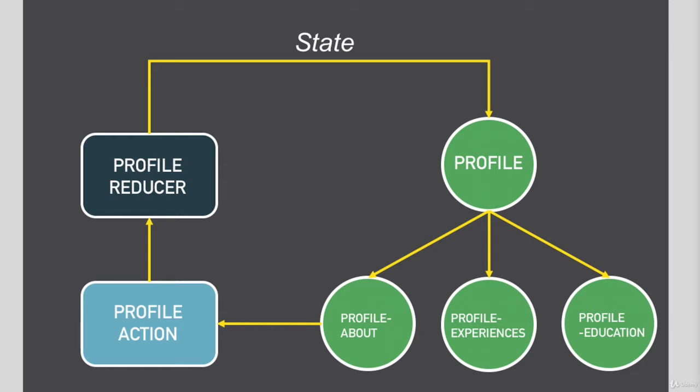Okay, so I have a very simple diagram here to kind of explain things a little bit. We're going to be looking at just the profile side of things. So profile data we get from the server, that's going to be put into what's called a Redux store. Okay, so we'll fire off an action to fetch the data, and that gets put into the store. So you can think of the cloud, as I mentioned, as the Redux store.